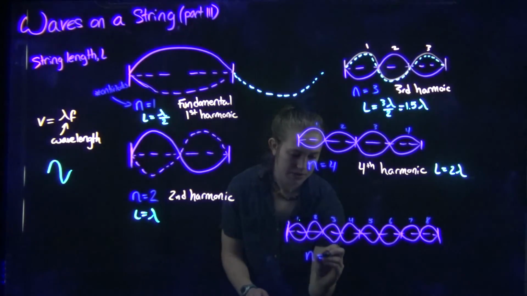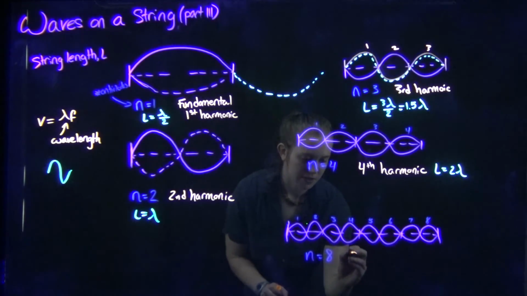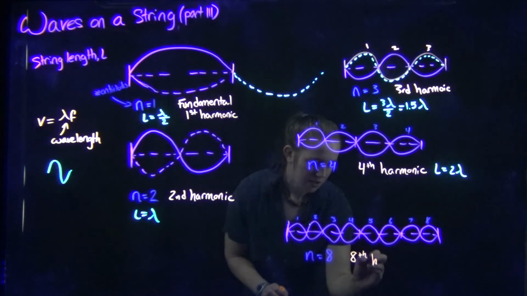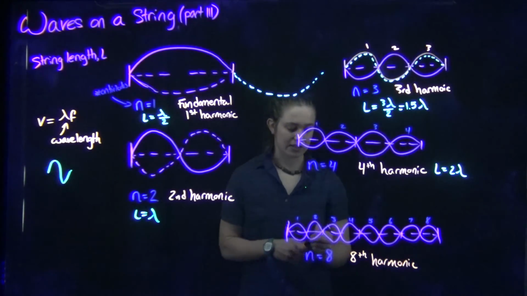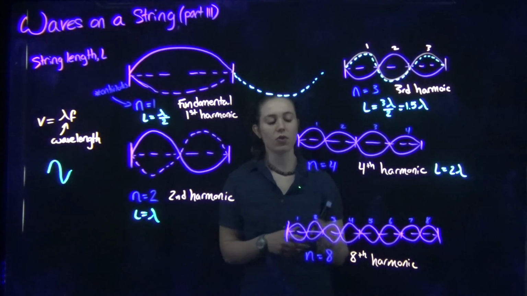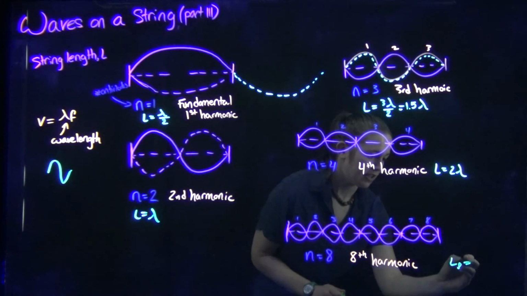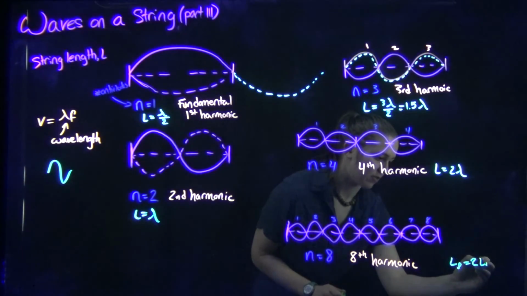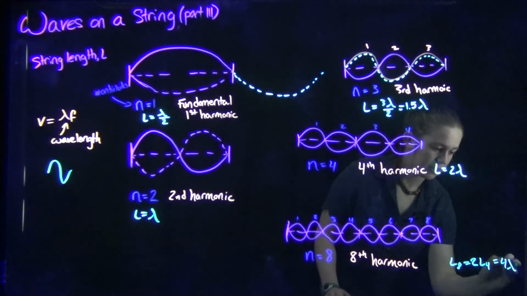So n equals 8. That means that our harmonic is going to be the 8th harmonic. And since 8 is 2 times 4, what we can do is we can say that L for 8 is double L for 4. So it's 4 lambda.